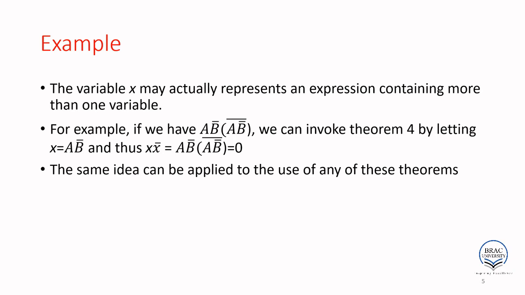So if we take x equals a b prime, then the expression becomes x times x bar. From theorem 4 we know x dot x bar equals 0. So this expression becomes 0. A b prime times a b prime whole prime equals 0. The same idea can be applied to the use of any of these theorems.